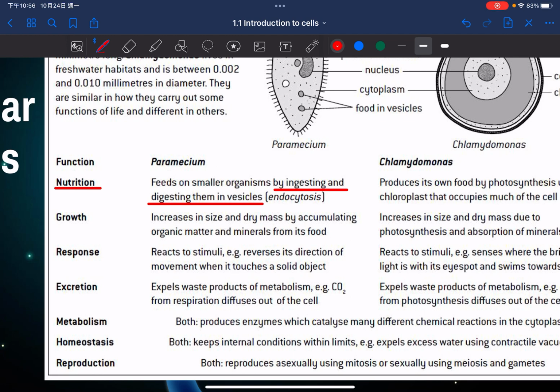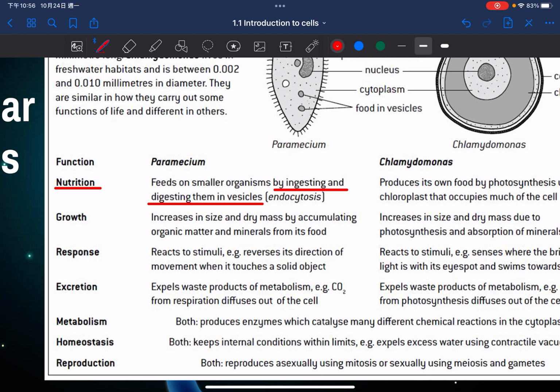And the second thing is growth. Growth means they can increase size and dry mass by accumulating organic matter. Once the paramecium takes something in from outside, it digests all the nutrients and produces what it needs on its own.